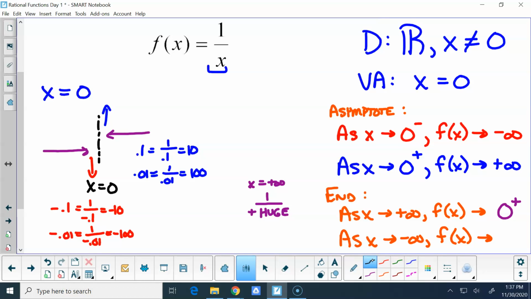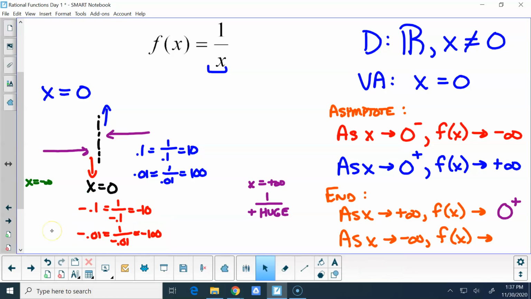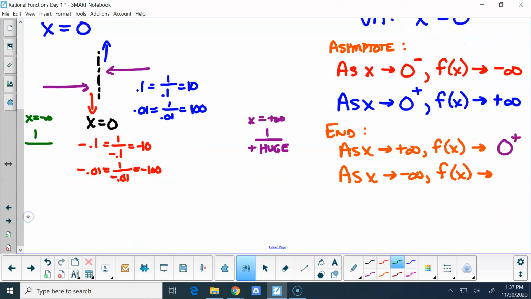I'm going to use green. Over here at x equals negative infinity, now I'm going to have 1 over a negative huge number.